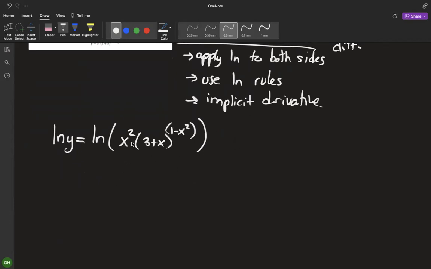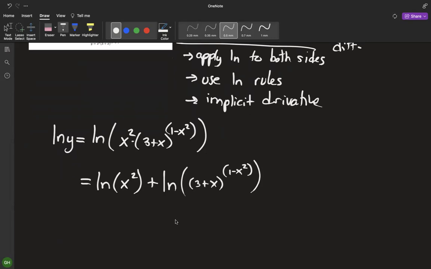Well, the first thing I noticed is that there's this multiplication. So the natural log says that that's the same as addition. So it's ln of x squared plus ln of (3 plus x) to the 1 minus x squared. Then powers in a natural log become multiplication on the outside.